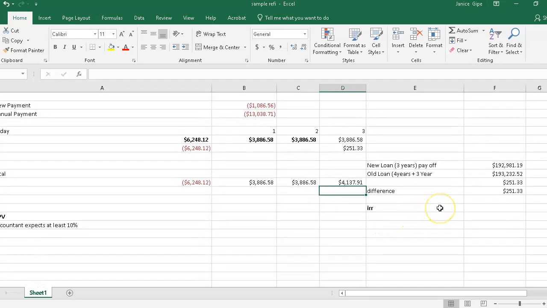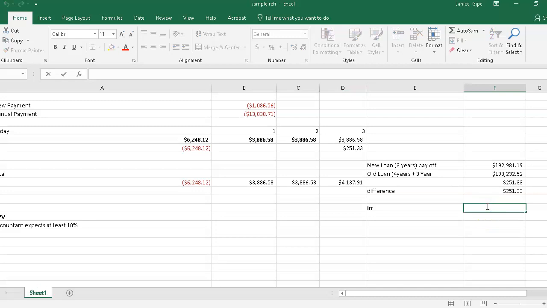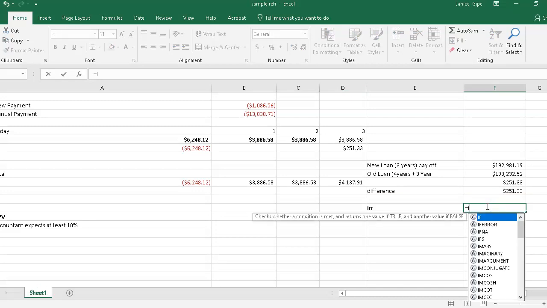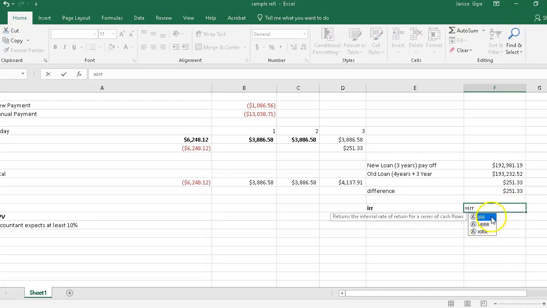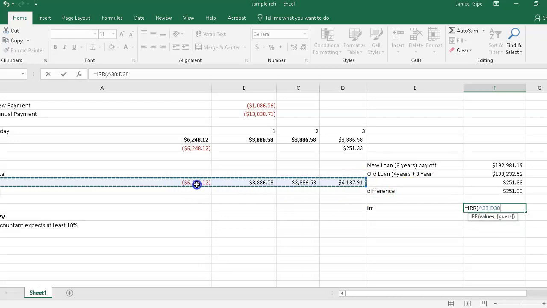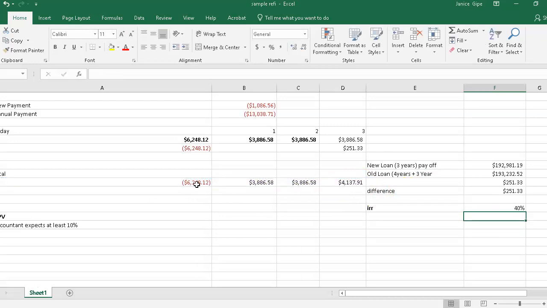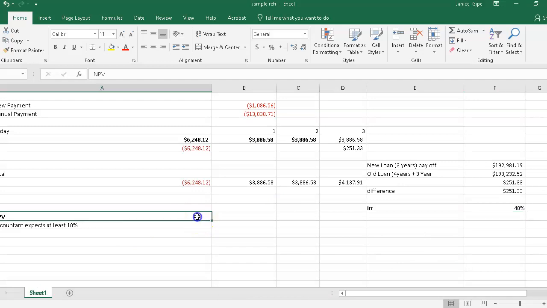But now we're going to calculate the internal rate of return. And to get that information, do an internal rate of return calculation, which can be skewed due to this negative number, but I believe we should still look at that as well.